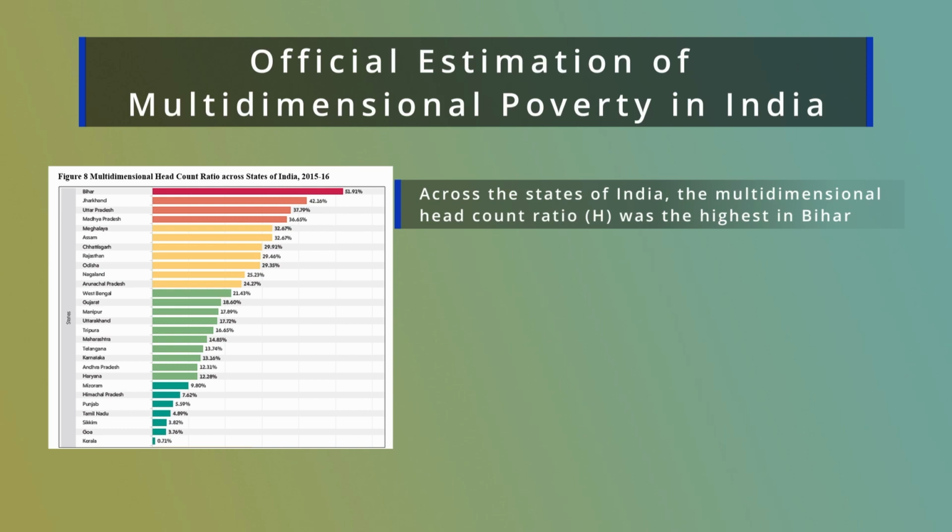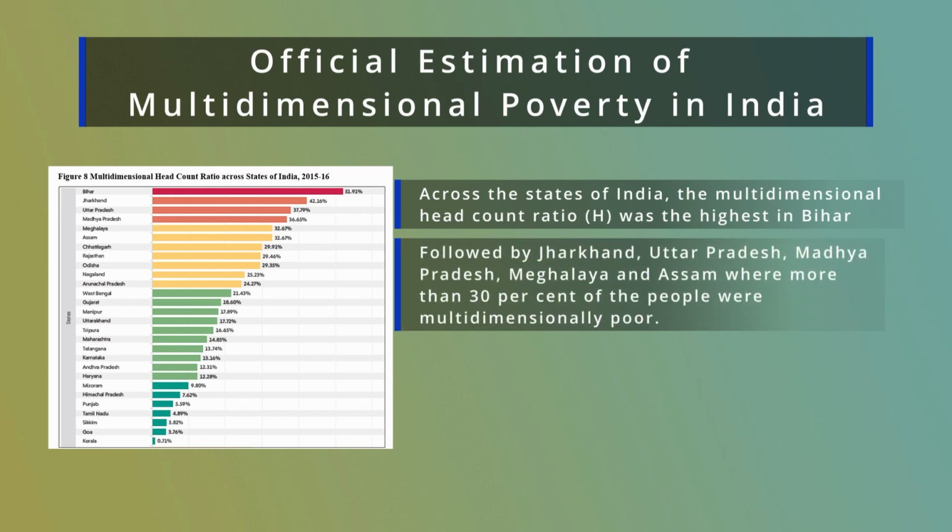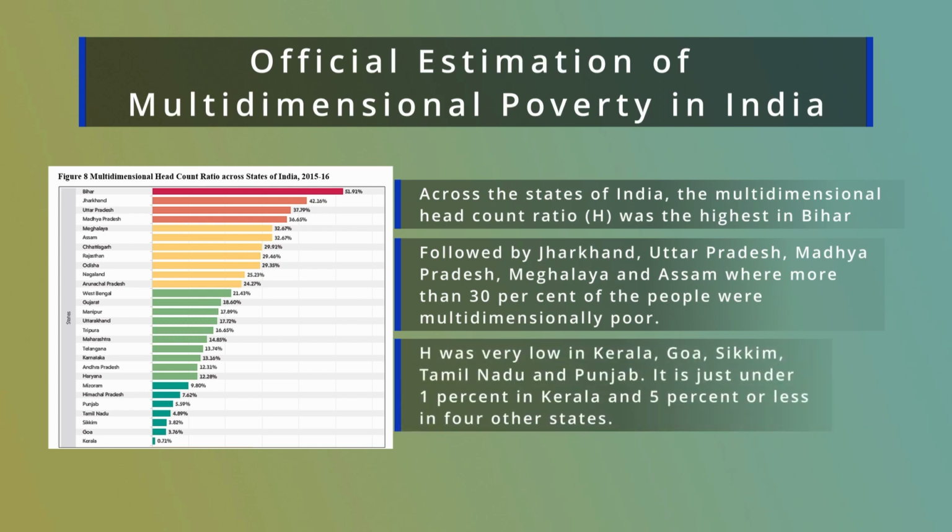If we look into this figure, it is the government estimated result by Niti Aayog. The multidimensional head count ratio in case of Bihar was 51.91%, that is nearly 52% in the year 2015-16. That is, more than 50% of people are multidimensionally poor.